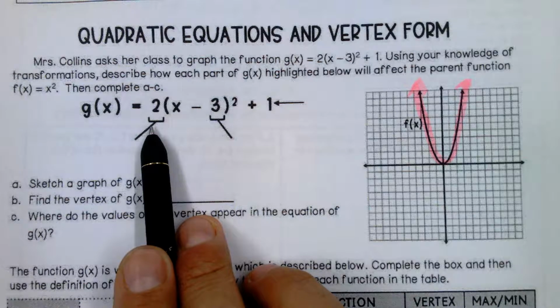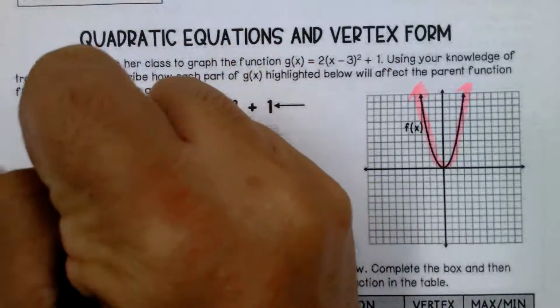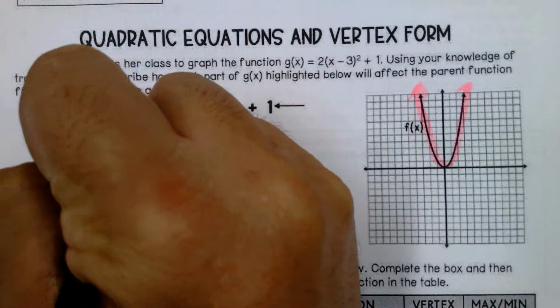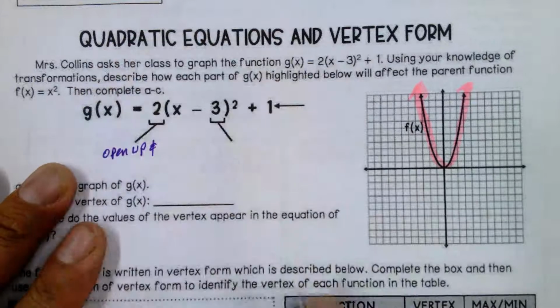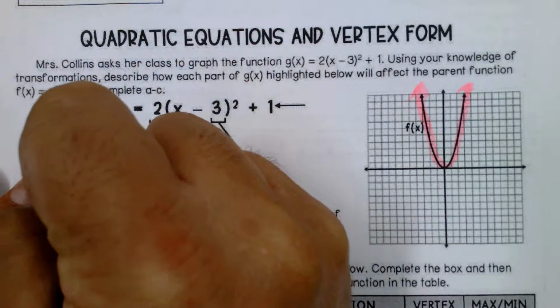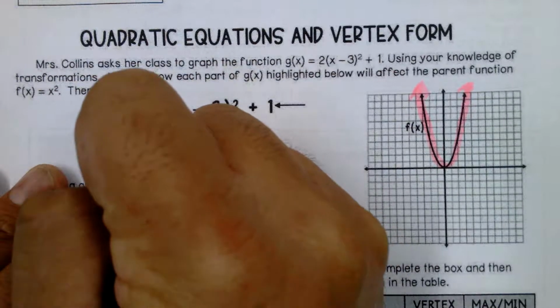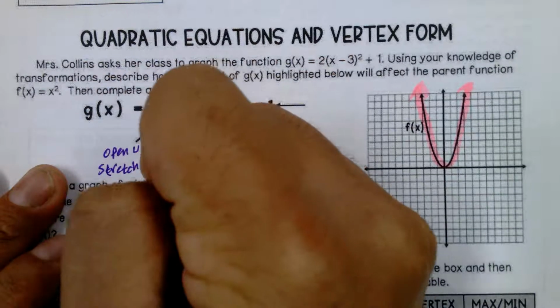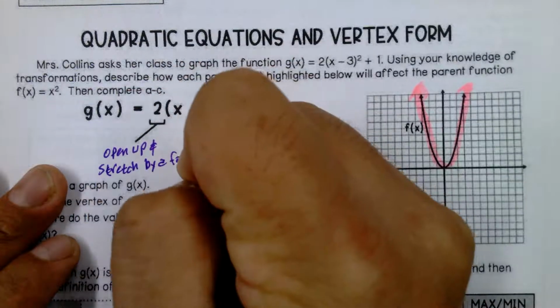That's greater than 1. What did that do to our graph? It's going to stretch it. Yeah. So let's write that down. It's going to open up and stretch by a factor of 2.